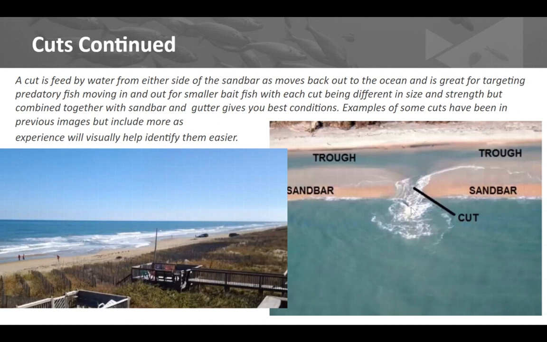Now, as I mentioned, they're all different in size and strength, and combined together with your sandbar and your drop, they can give you your best conditions, but you're not always going to find them, and some are harder to see than others. This is only a diagram because it's written up, but it's clearly seen that this is your normal beach.